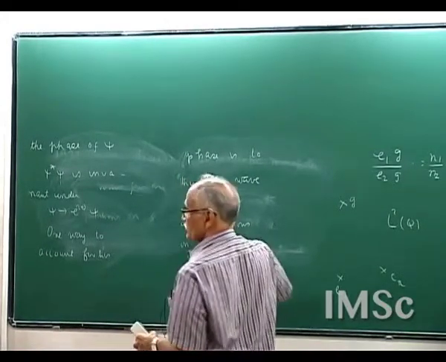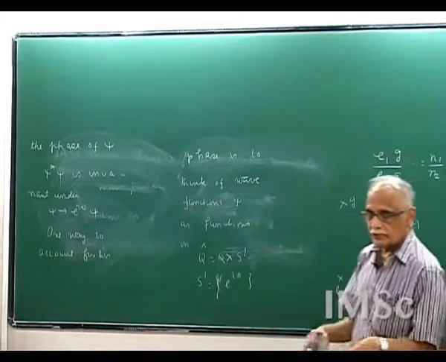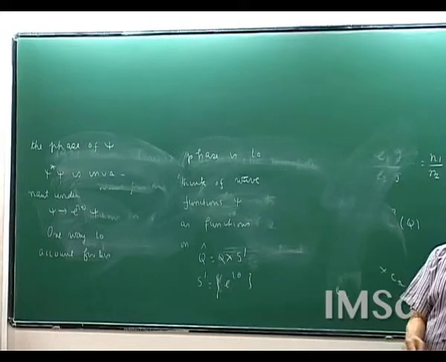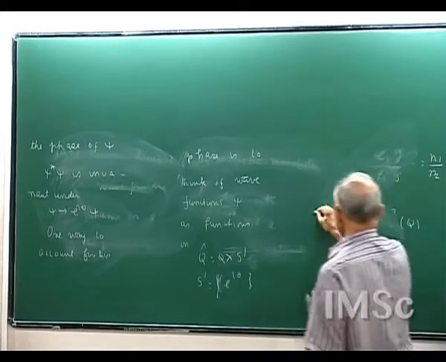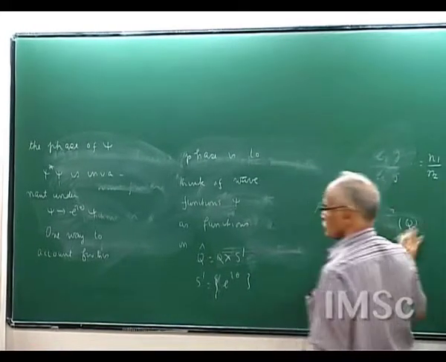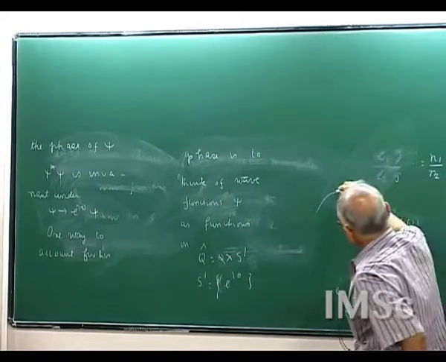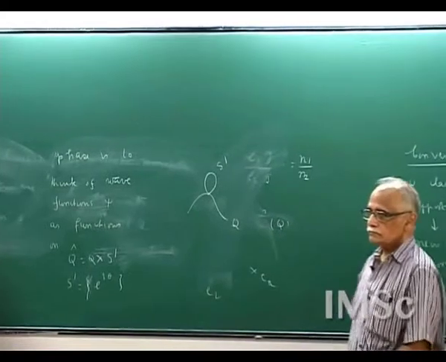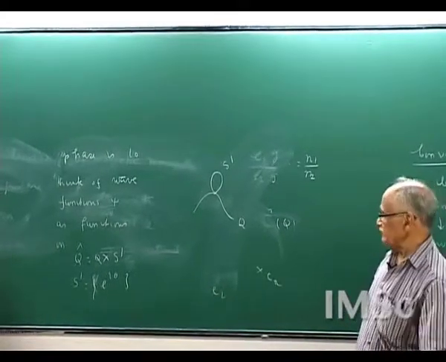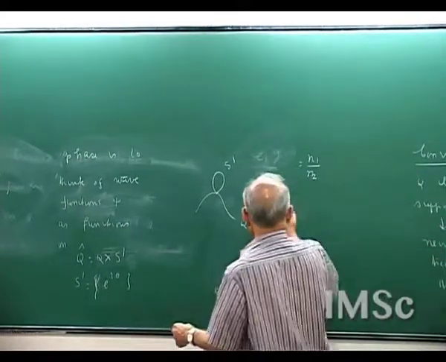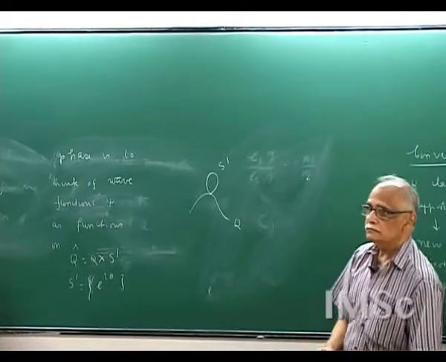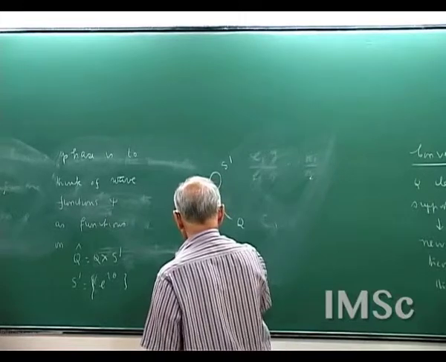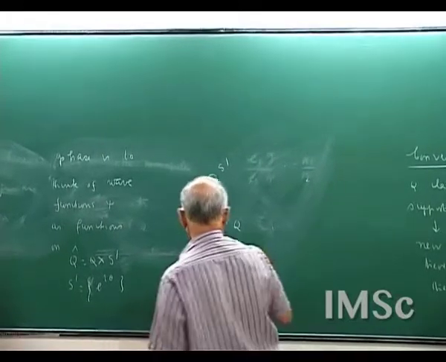So at each point of the configuration space I am going to introduce topological notions now. I take my underlying configuration space Q, and at each point I attach a circle. To take care of the phase, I will say that psi is a mapping of q hat to complex numbers.